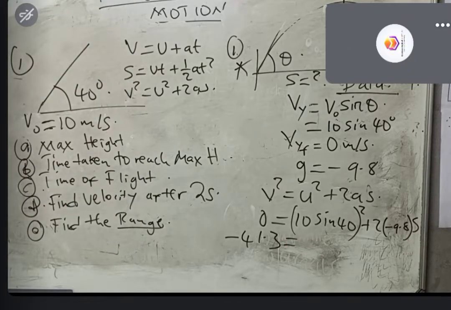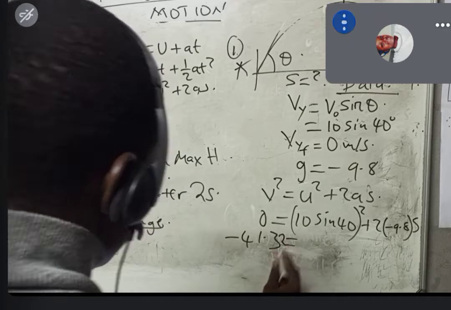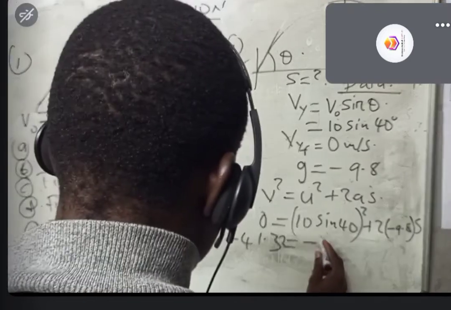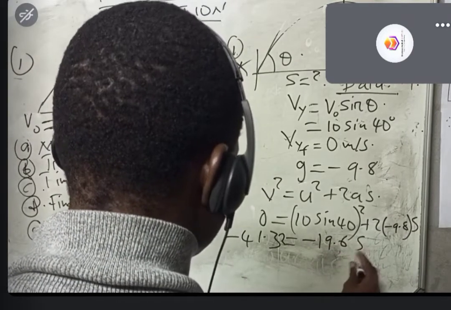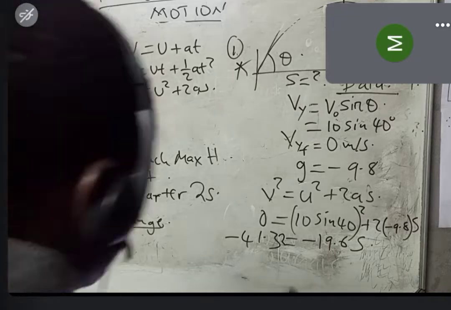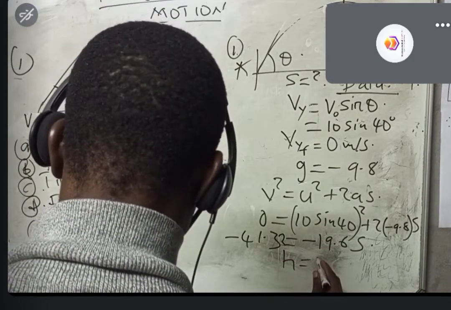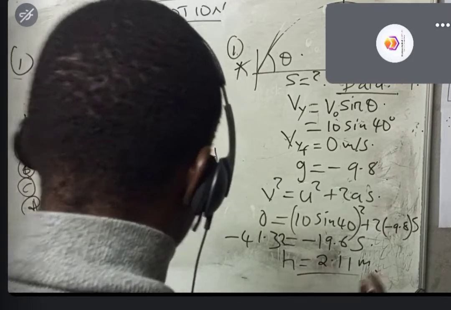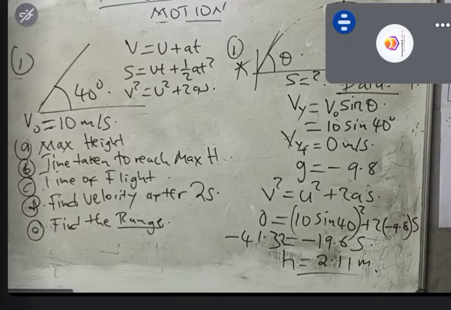Then the other side there we have 2 times negative 9.8. Okay, so divide by negative 19.6. So our height is 2.11 meters.